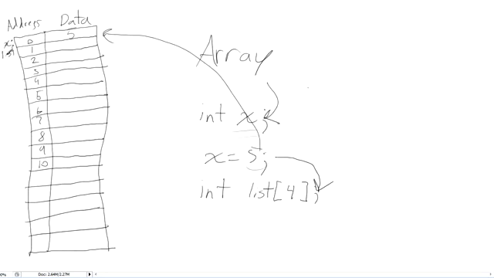So it says, okay, list is at address 1, right? Because address 0 is taken up by x. It finds the next open address. But it chops off, or it carves off, four data boxes for us. So it says, all right, list, we're going to allocate these 4 addresses to list.